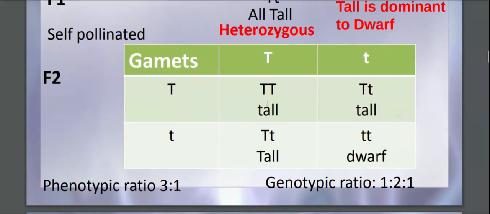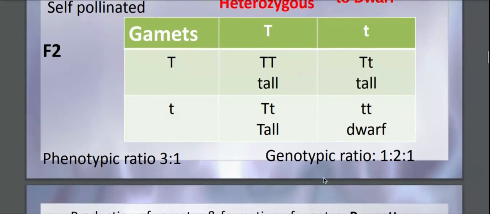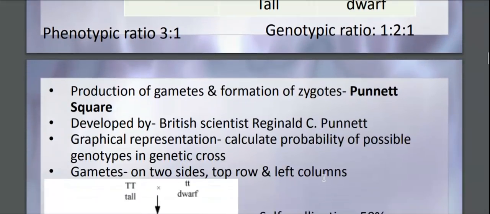We work it out using a Punnett square. I told you to fill each block, you just have to look at the adjacent blocks. Suppose you want to fill this block, you look at this and this. If you want to fill this block, you will look at this and this. You can even hold a ruler. So you get a phenotypic ratio of 3 is to 1, and a genotypic ratio of 1 is to 2 is to 1.